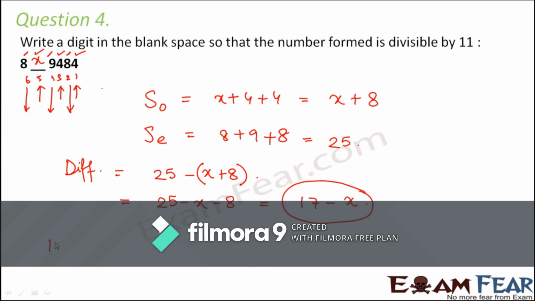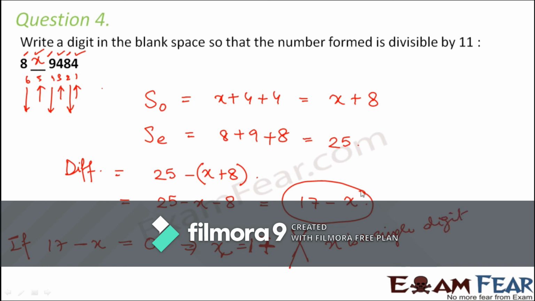In that case, if 17 minus x is equal to 0, what would be the value of x? The value of x would be 17. Correct? But in this case, x is a single digit number. So this is not possible because x has to be a single digit.